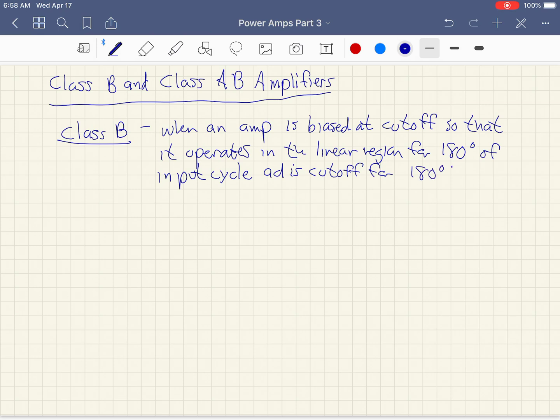So if we draw just a little block diagram here, I'm going to draw my amplifier here. I'll put some values in here in a minute. And I'll draw another axis over here. So this is our amp, AV.